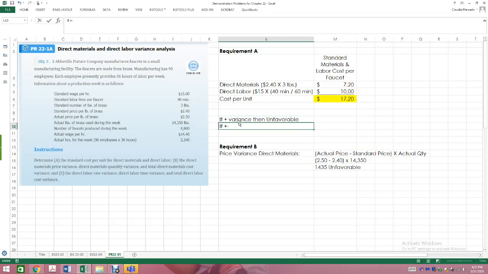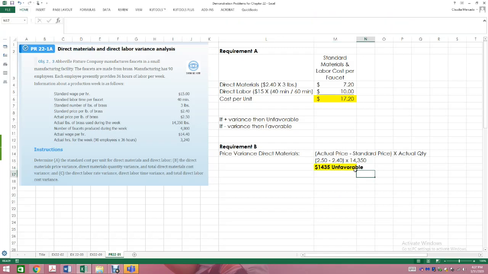If negative variance, then favorable. And that way we have a little note of what we mean. Here it's a positive variance, so it's $1,435 unfavorable.